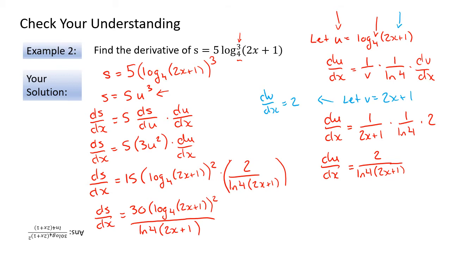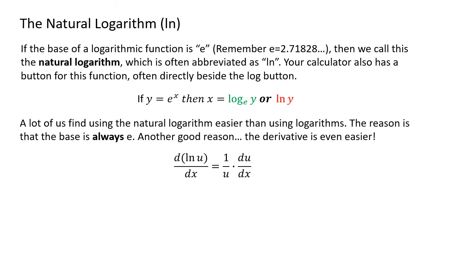The next item I want to talk about, and we've already touched upon this a little bit when we talked about derivatives of log functions, is the natural logarithm. The natural logarithm is the log of a function where the base is e. That's the same as when you see the notation ln.